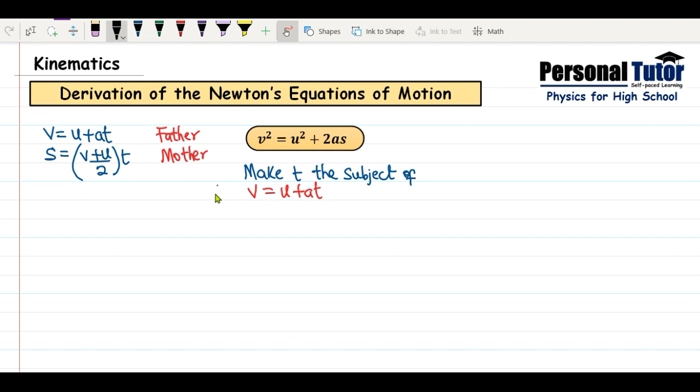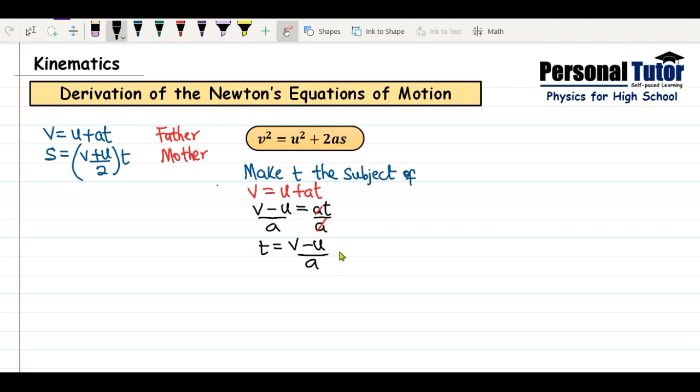To make t the subject, you will have to join the v, and that will be v minus u equals at. To find t, you divide both sides by a. And when a cancels out, you will have t now to be equal to v minus u over a.